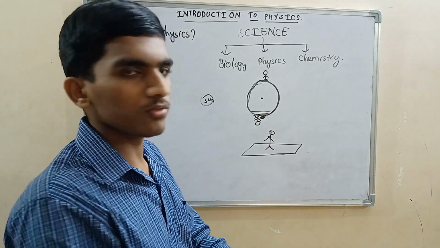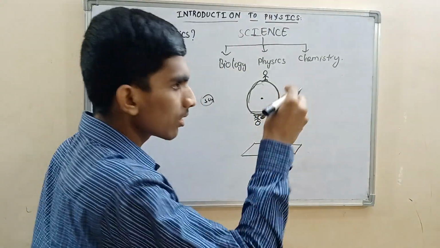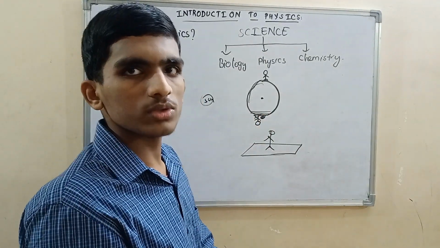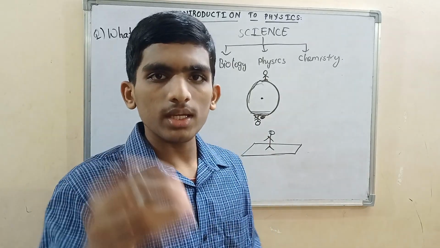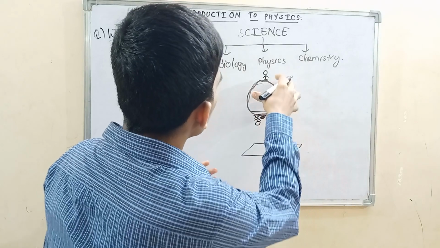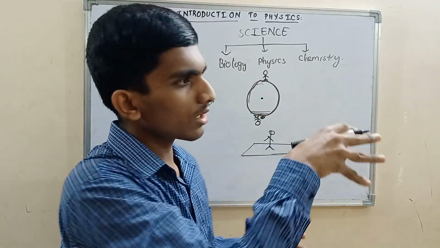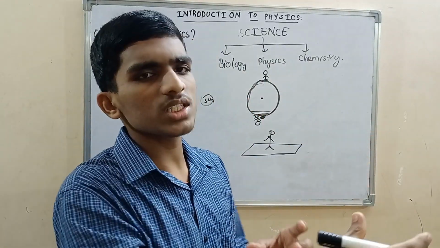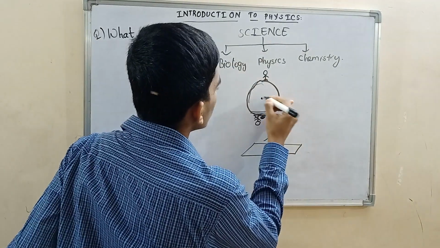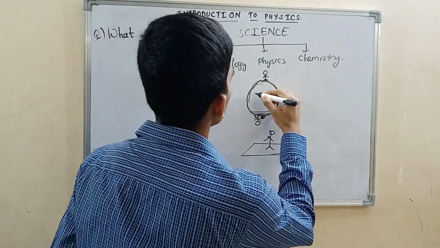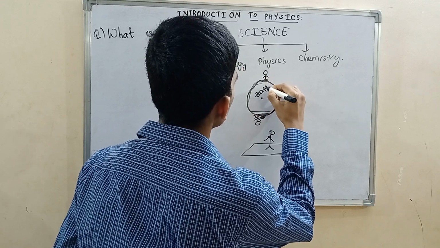The gravitational force acts downward, but to say it perfectly, it pulls everything which is nearer to the earth towards its center. Let us assume that this is the center of our earth.